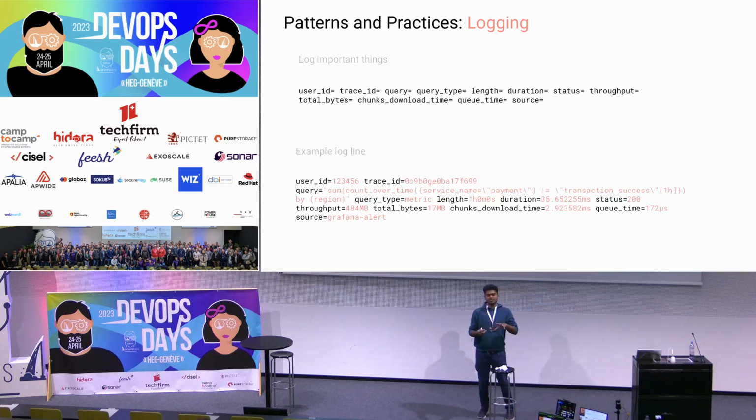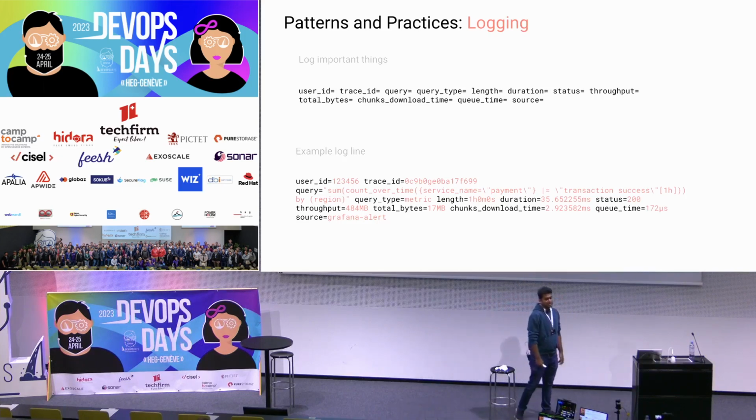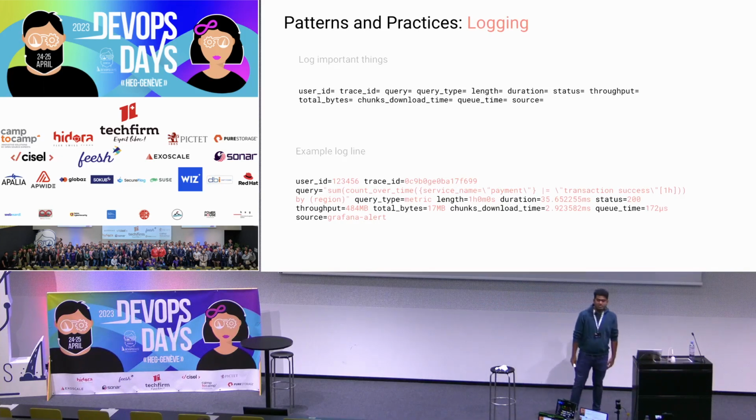If the time is being spent mostly in downloading the chunks from the underlying storage itself, that's a signal that something is wrong with the storage itself. By the way, this can also mean there is something wrong with our caching, right? Ultimately, your chunks or your log data can come from the cache, but if it's still touching the storage, then there can be something wrong there as well.